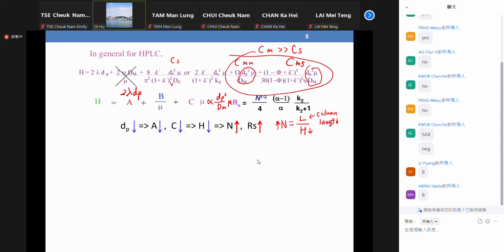N is the plate number. Remember, plate number is related to resolution. The resolution is proportional to the square root of the plate number. So if the plate number increases, the resolution increases. This is how everything is related to each other.